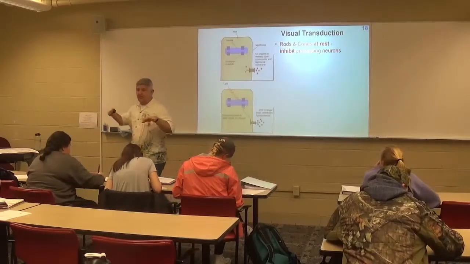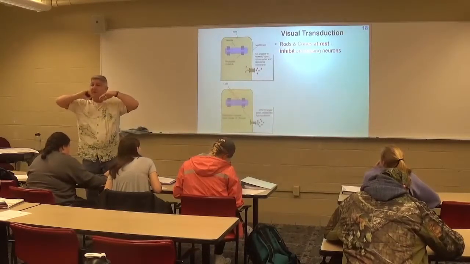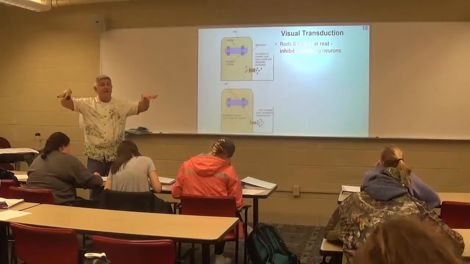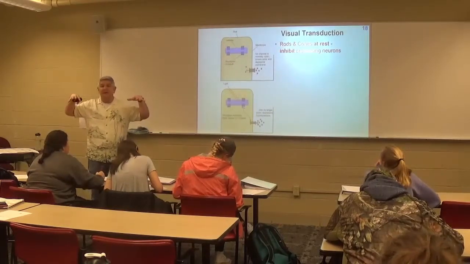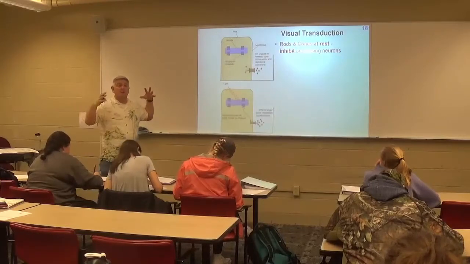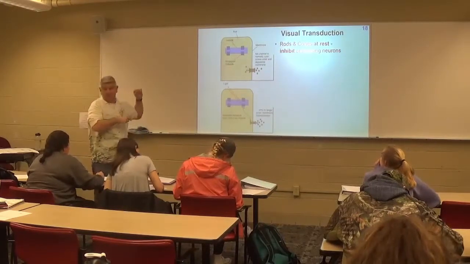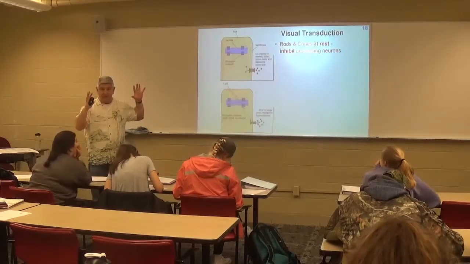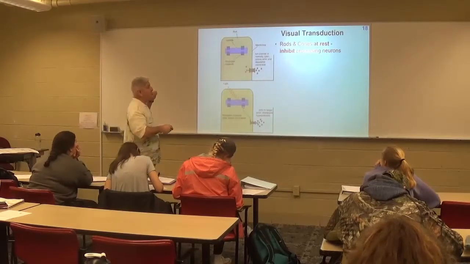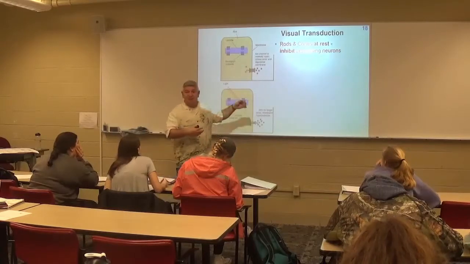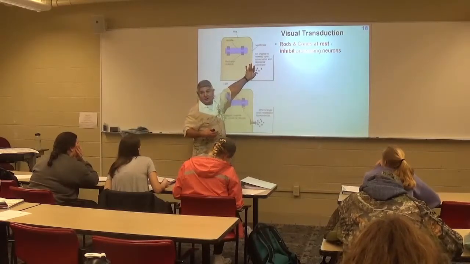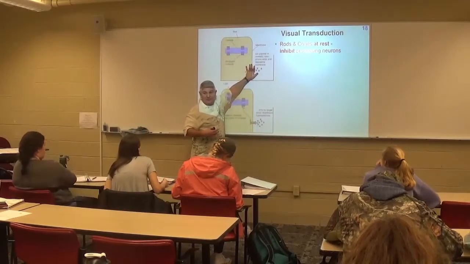So here's where it gets complicated. I'm not going to lie to you, this is complex, not simple. You're just going to have to wrap your head around it, okay? So in the dark, that means no light is present. There's a sodium channel that's open, and that sodium is flowing in and depolarizing the rod. That means it's getting positive, right?